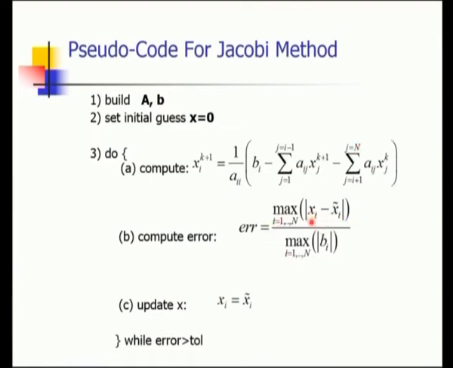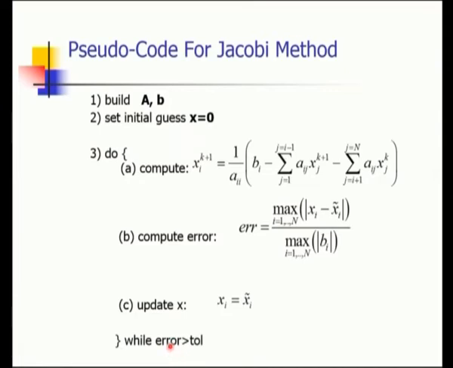Here small xi stands for the ith variable information of the current iteration, and xi hat is the ith variable information of the previous iteration. We need to store that also, and we take the difference in the absolute sense, take the maximum value divided by the maximum of the right hand side, and you have to perform these computations till the error becomes less than or equal to the tolerance value.